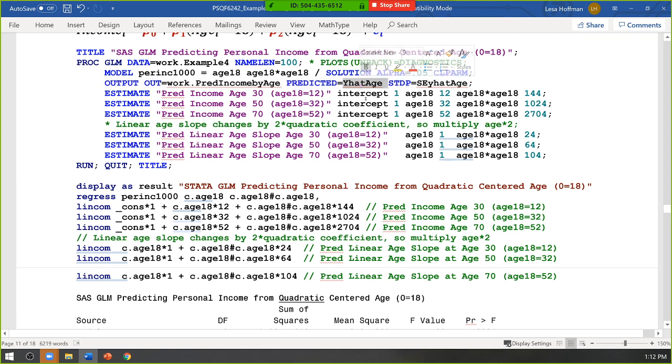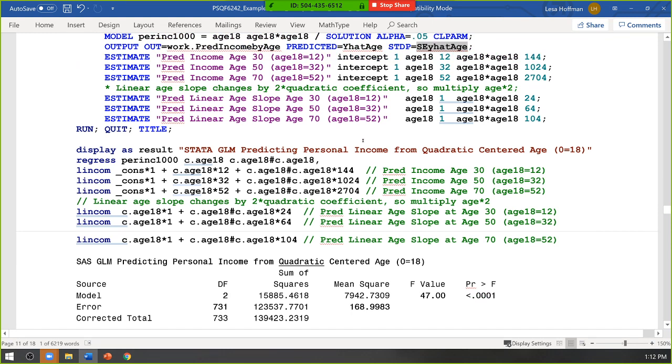I named that variable y hat for age, and I also asked for the standard errors for those predictions. So if I were to make a column in my data set, predicted income based on your age, I've got another column that already is their regular income. So what should have happened, what did happen? What shoulda is y hat, what did is y. Both of them with an I subscript because they're individual specific.